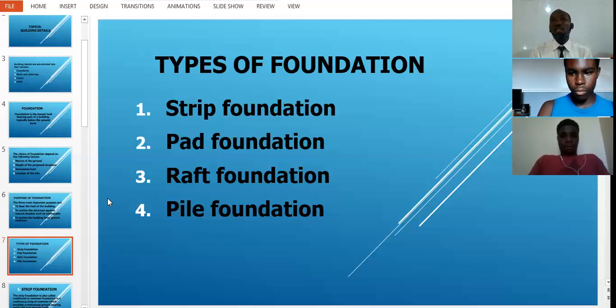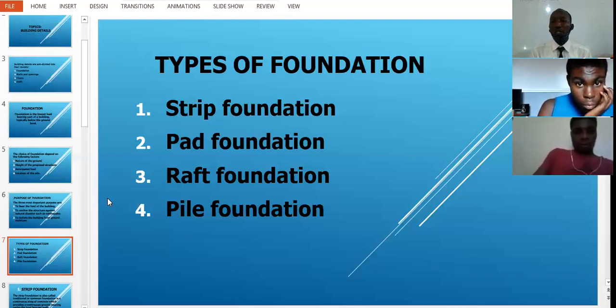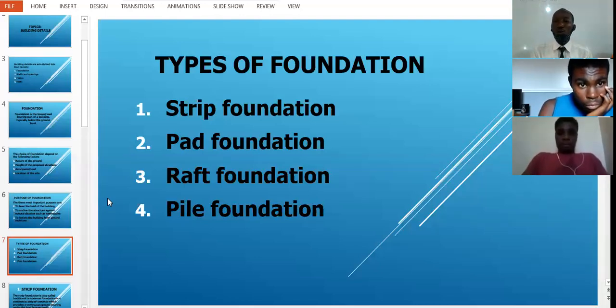You don't just build a house and decide to use strip foundation without considering those factors. You don't just build a structure and use pad, raft or pile foundation. Remember that there are factors that you need to consider, and that is why we have different kinds of foundation.